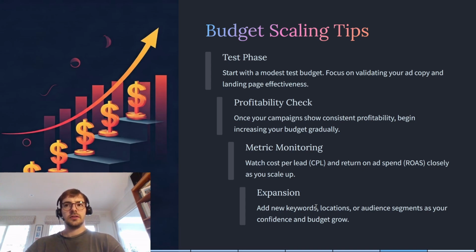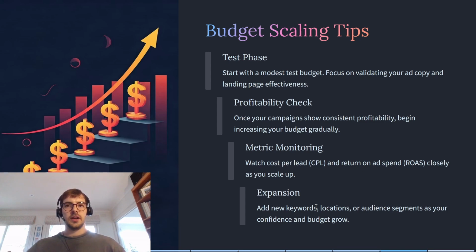So you want to increase it about 20% per week. If you increase it more than that, then you might put your campaign into learning mode, which means that Google will start testing out all of the crazy variations again and forget all of the data that you've been learning with your test budget.